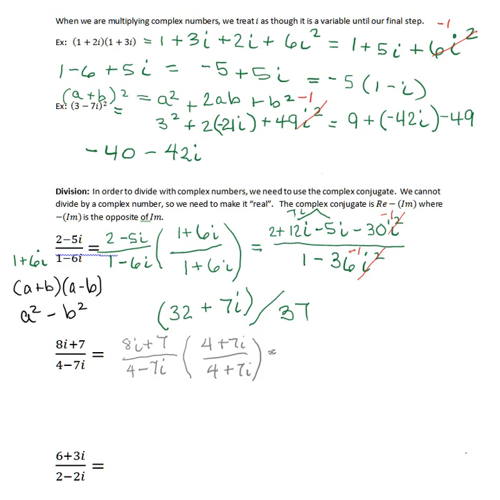All right. So here I'm going to have 32i and I'm going to have a 56i squared, and then I'm going to have 28, and I'm going to have 49i.